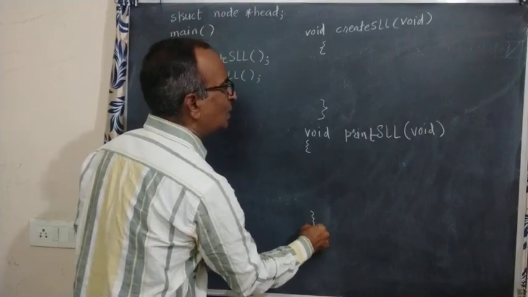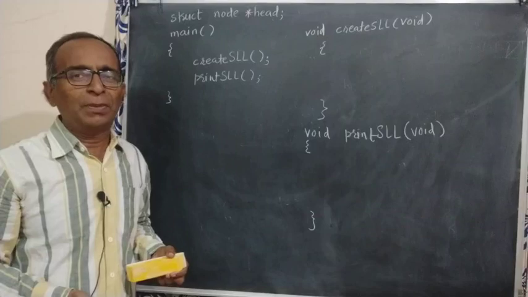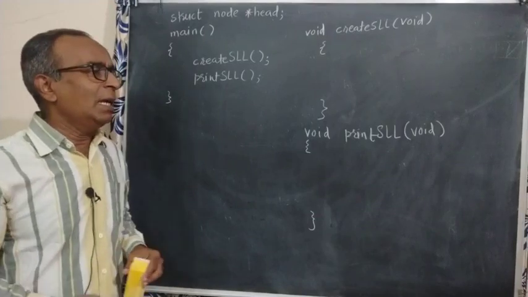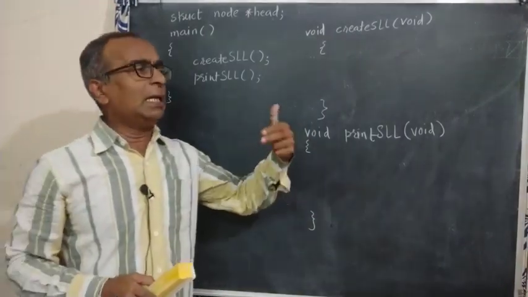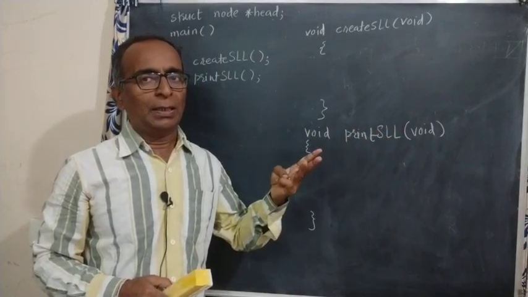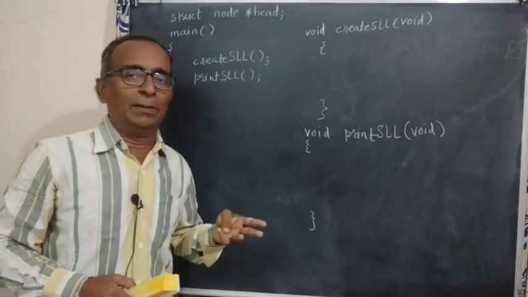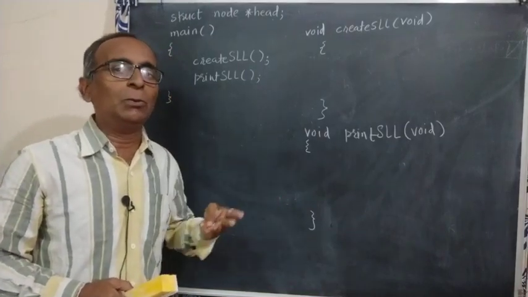Now it depends on how you want your functions to be. See, if I order create linked list of 3 nodes, so what am I passing? The number of nodes to be created, the number of nodes to be added into the linked list.